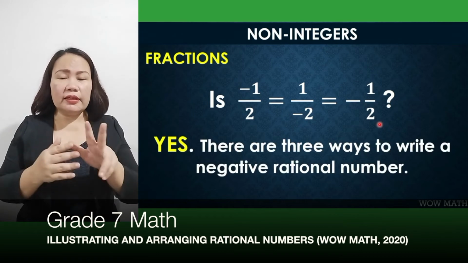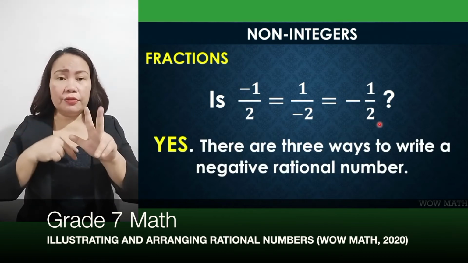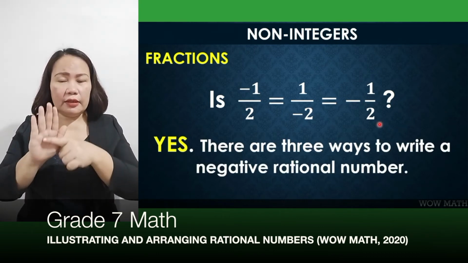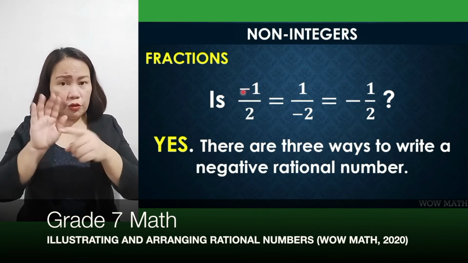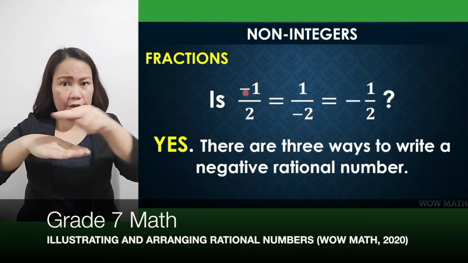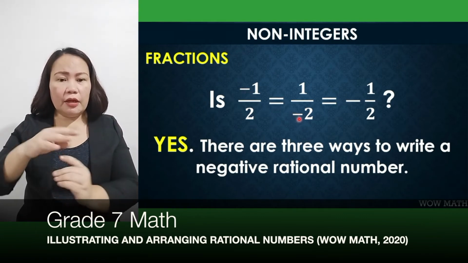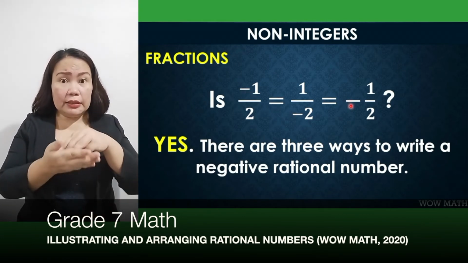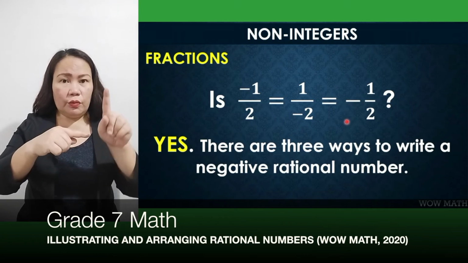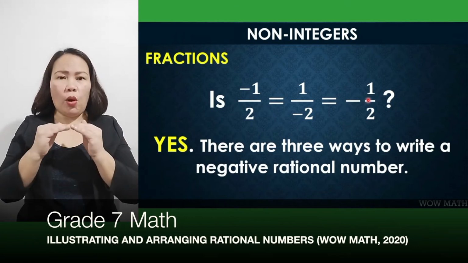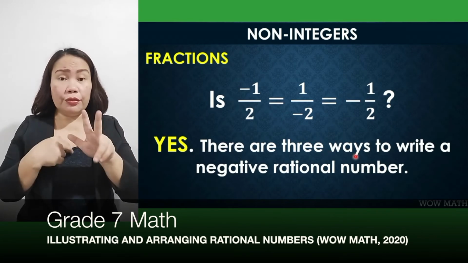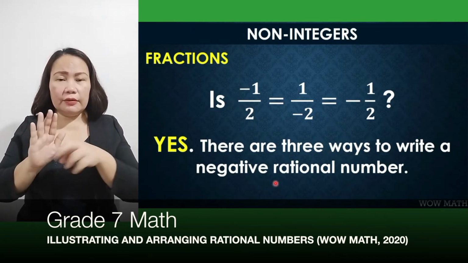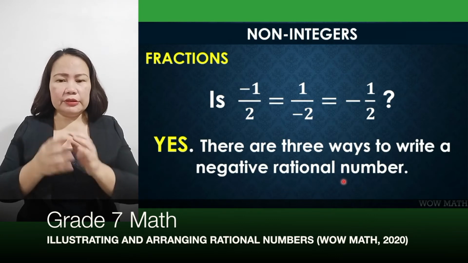They are all equal because there are 3 ways to write a negative rational number. So, even if we put the negative sign on the numerator, or in the denominator, or dito sa gitna nila, that is still equal. Alright? So, pare-pareho lang yan. They are still equal because we have 3 ways in writing a negative rational number.